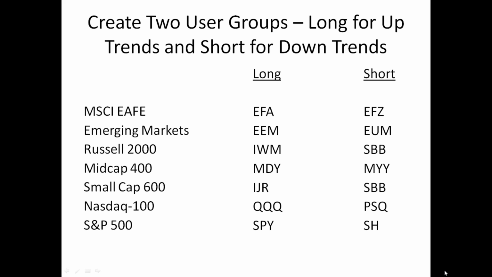The EAFE, the long ETF is EFA, and the short is EFZ. Emerging markets is EEM and EUM. The Russell 2000 is IWM and SBB. The mid cap is MDY and MYY. The small cap, IJR and SBB. The NASDAQ 100, the NDX, or the cubes, and the PSQ. And for the 500, we use the SPY and SH.